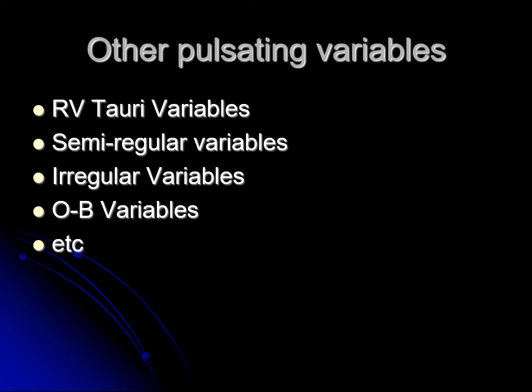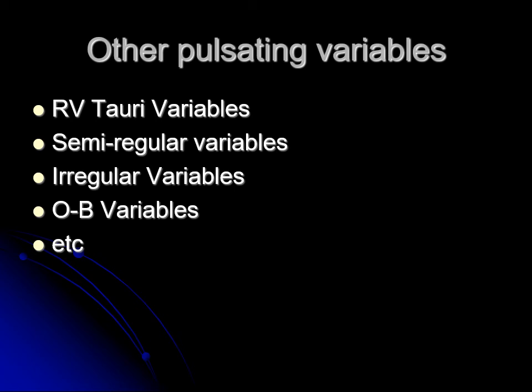We have some stars that pulsate with not very regular periods. They don't follow a nice, neat little period. Sometimes they oscillate 5 months, sometimes 6 months, sometimes 3 months. Sometimes they go 5 magnitudes, 4 magnitudes, 3 magnitudes. Irregular variables are also things that don't behave very nicely.